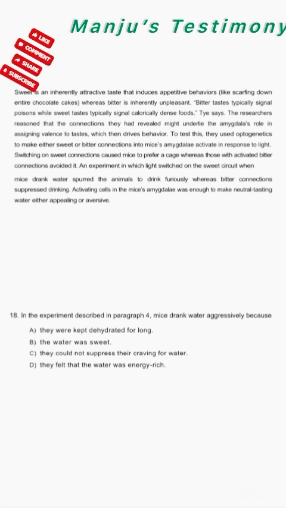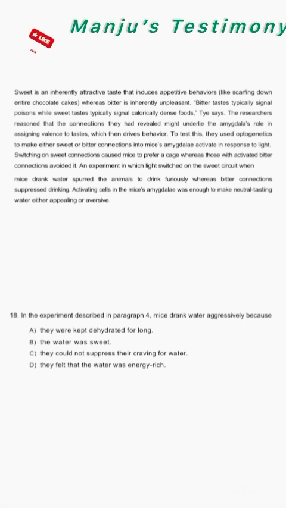The researchers reasoned that the connections they had revealed might underlie the amygdala's role in assigning valence to taste, which then drives behavior. To test this, they used optogenetics to make either sweet or bitter connections into mice amygdala activate in response to light.